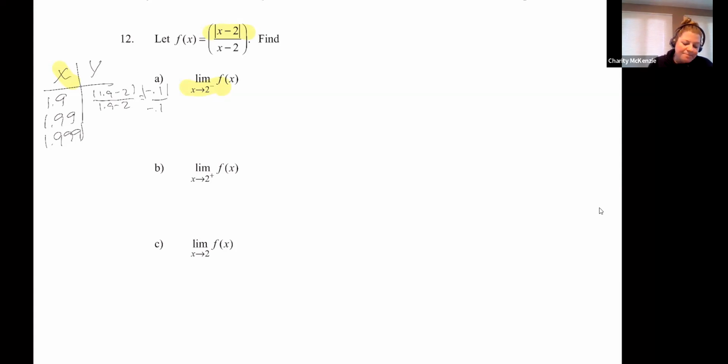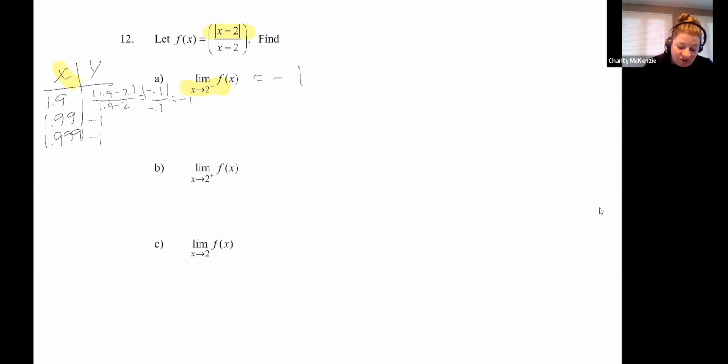So it's going to be 0.1 divided by negative 0.1, which is negative 1. Okay, 1.99: 1.99 minus 2 is negative 0.01, and 0.01 divided by negative 0.01 is another negative 1. You get the idea. It's all going to negative 1 on this one.